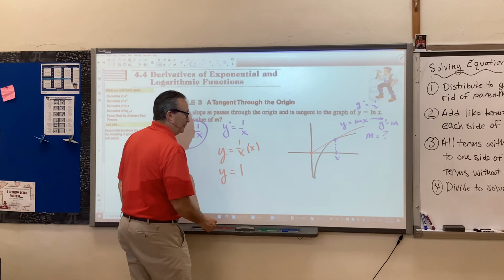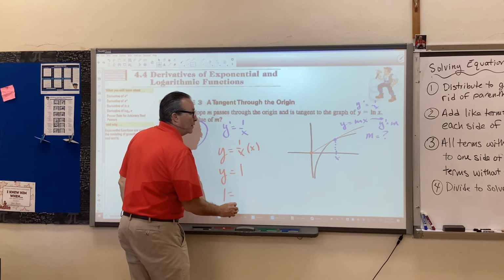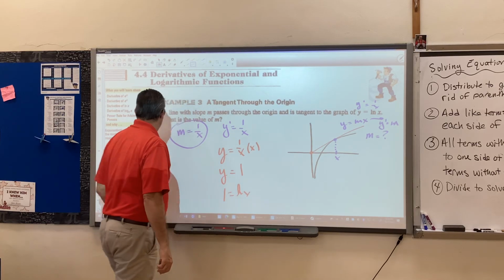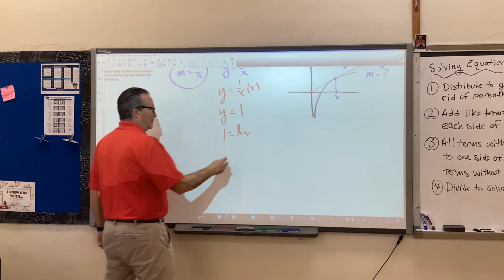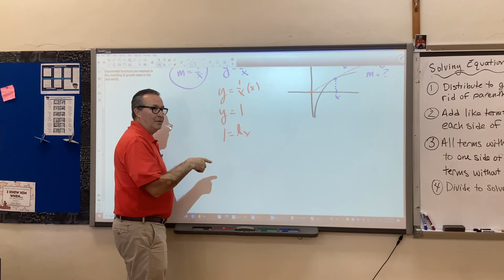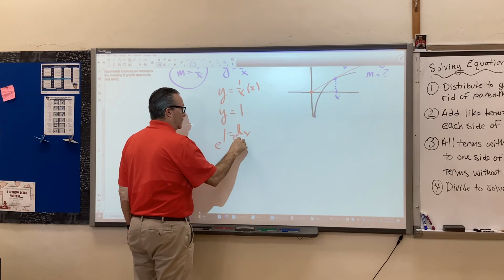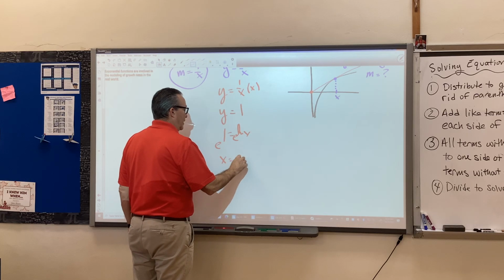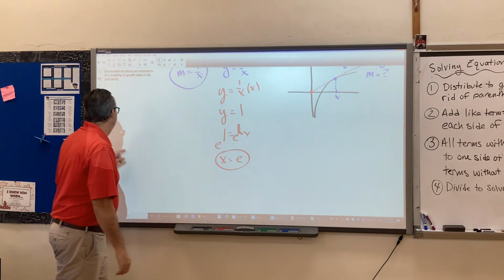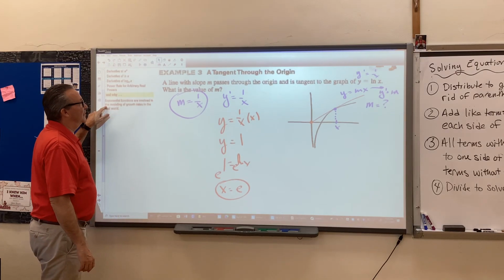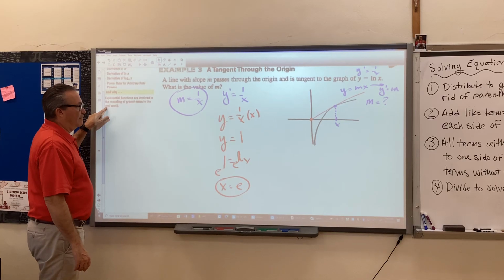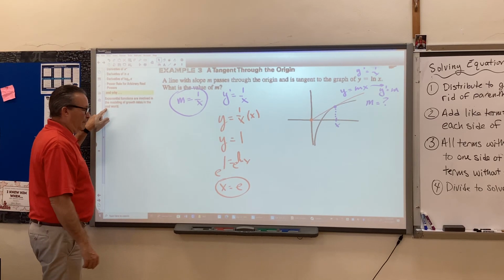So we can take that 1 equals the natural log of x and solve for x. Using the exponential on both sides, x equals e. But we didn't find the value of m yet. So it's 1 over e. And this is 1 over e.